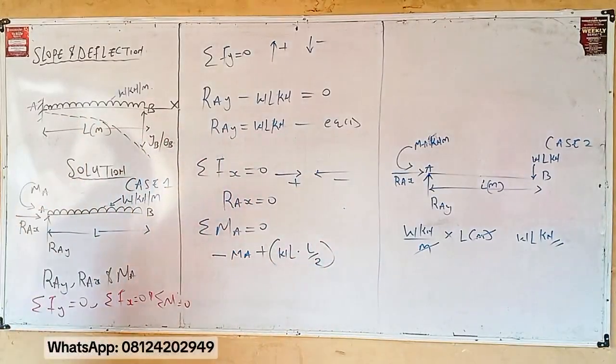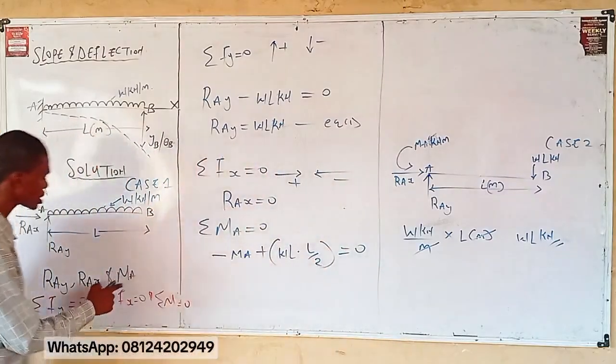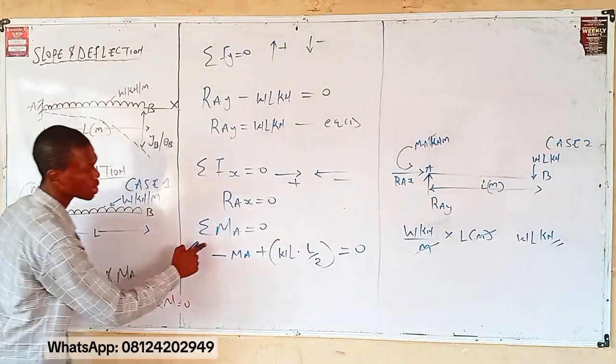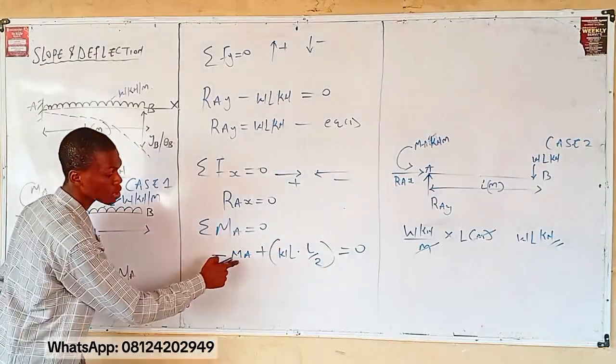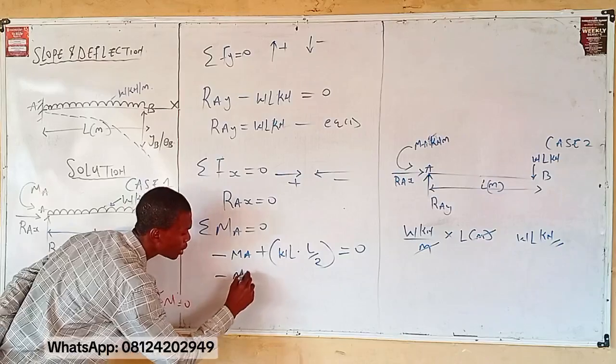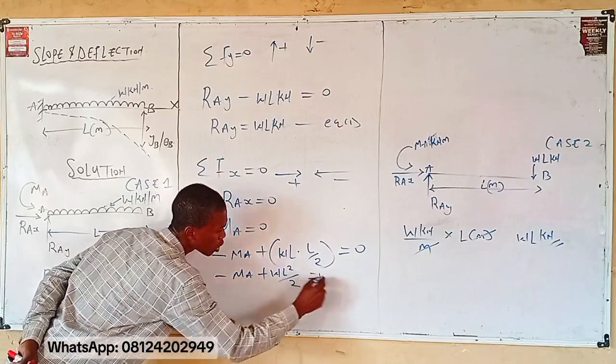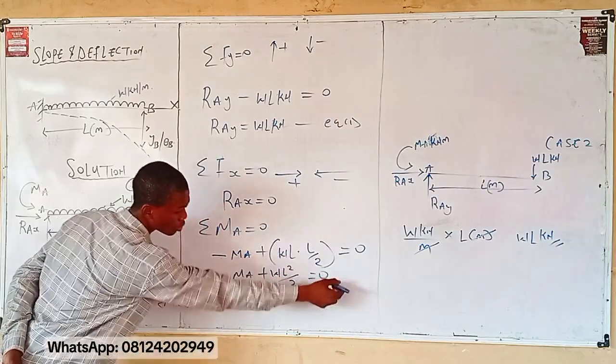Are you getting it? Now equate to 0. This is our third unknown. From this equation 3, you can know the value of this. Meaning that negative MA plus WL square over 2 equals 0. Now take this guy to the other side.